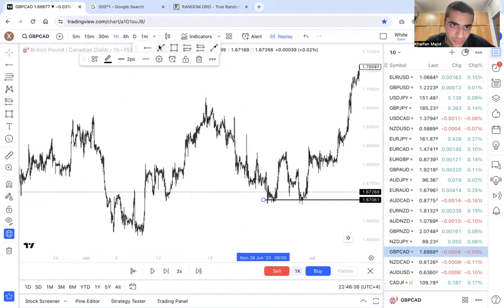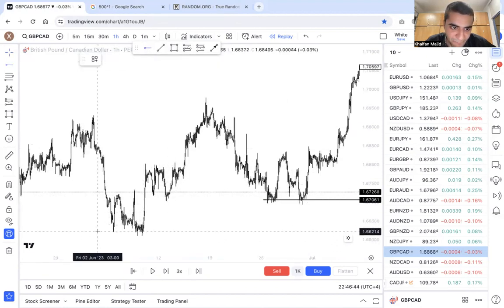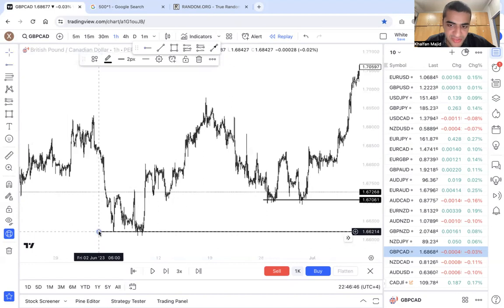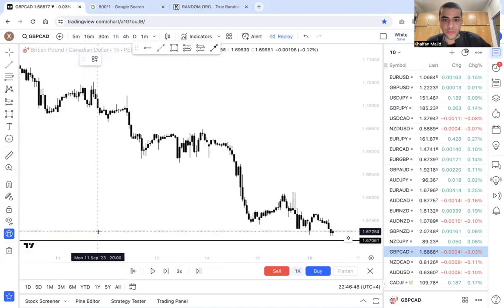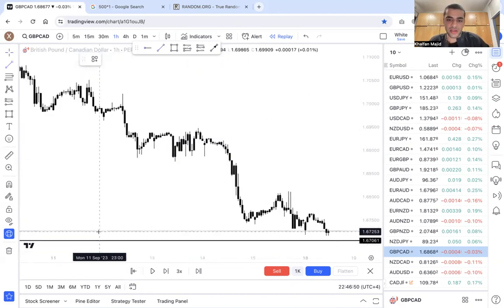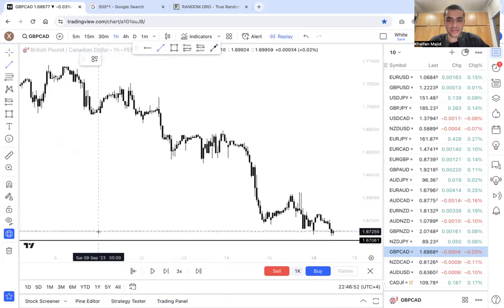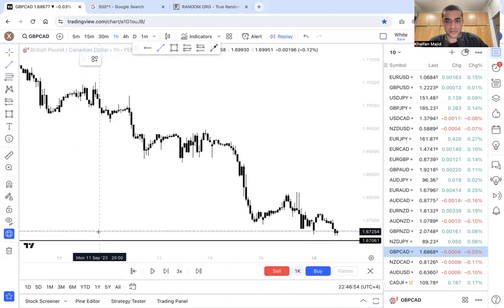And then I'll draw another line in the middle of these zones. And just see, because we're scrolling way too far back. I'll just see what happens.